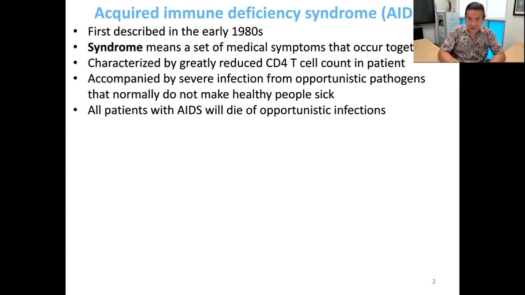And the very fact that we don't get sick every single day is a function of us having a strong, robust immune system to be able to recognize things that we are already familiar with, as well as things that maybe we are not familiar with, but we can learn how to have a strong adaptive immune response against, in response to brand new pathogens that we previously had not been exposed to. So all patients who die of AIDS, they die from these opportunistic infections.